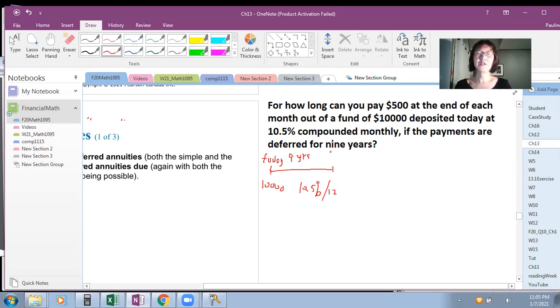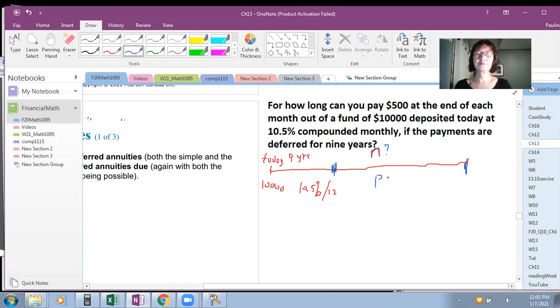And then the question asks you for how long. So from here to here, what is term N? That is the question. Maybe I want to use a different color. So from here to here, what is this term N? That is the question. And from here to here, it is an annuity.